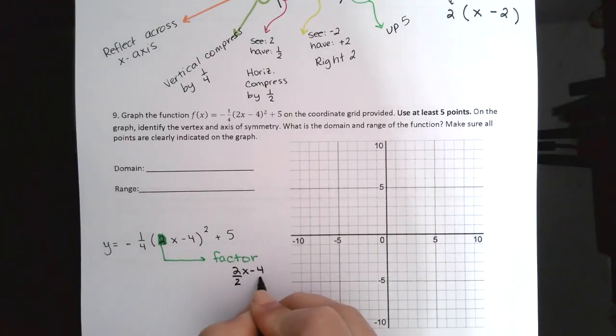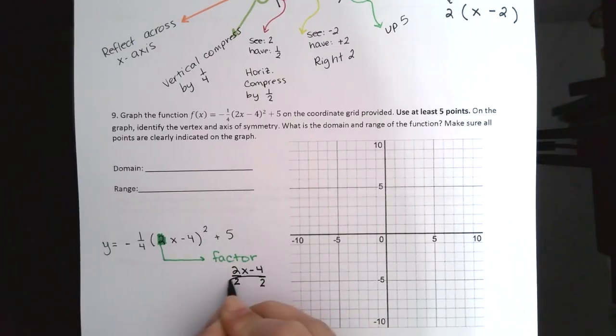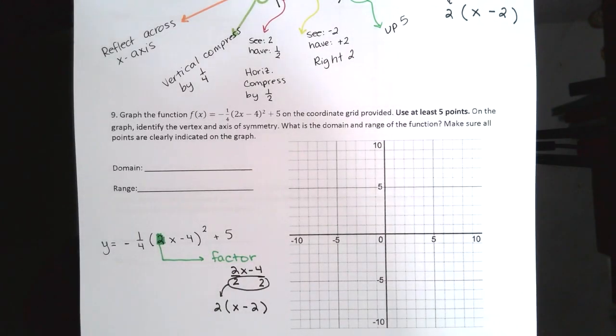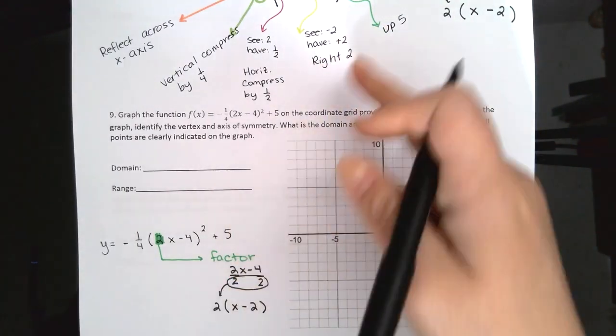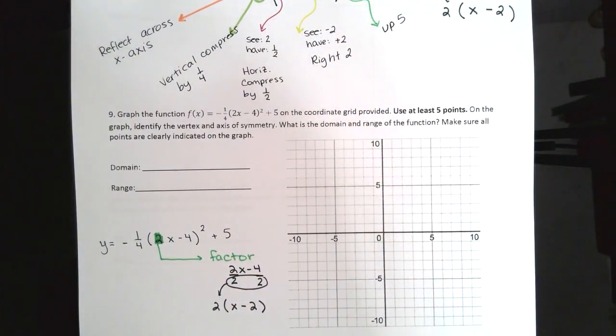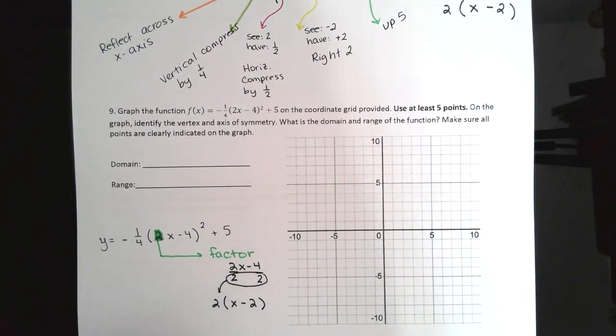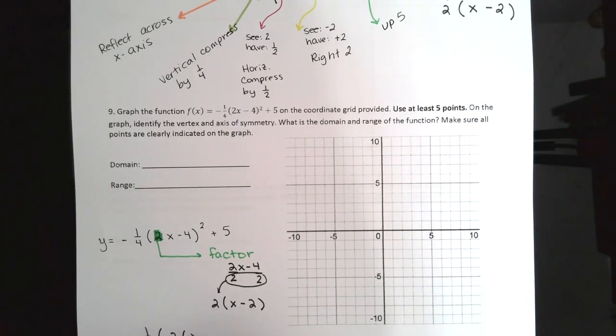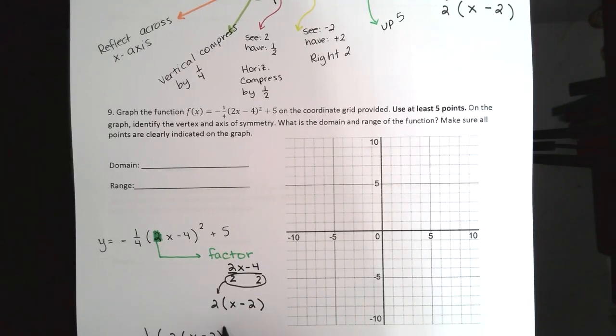I'm going to divide by 2. Again, this 2 doesn't disappear. It's still there. 2, open, x minus 2. And I'm just now noticing that these two for 8 and 9, they are the same equation. So we have y equals -1/4, open 2, open x minus 2, close it, square it, plus 5.